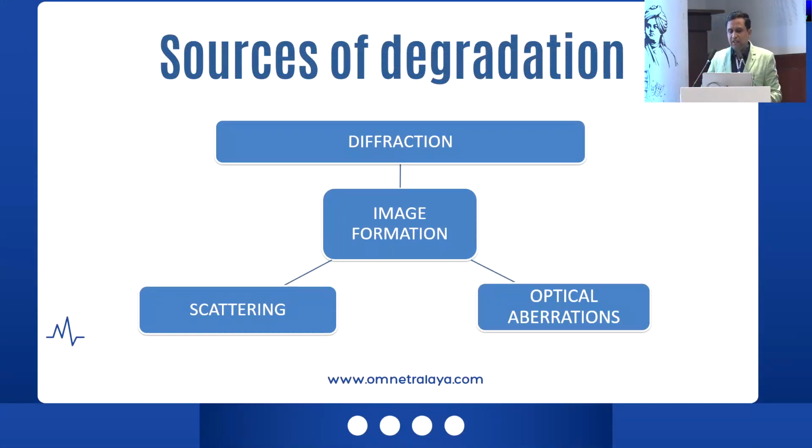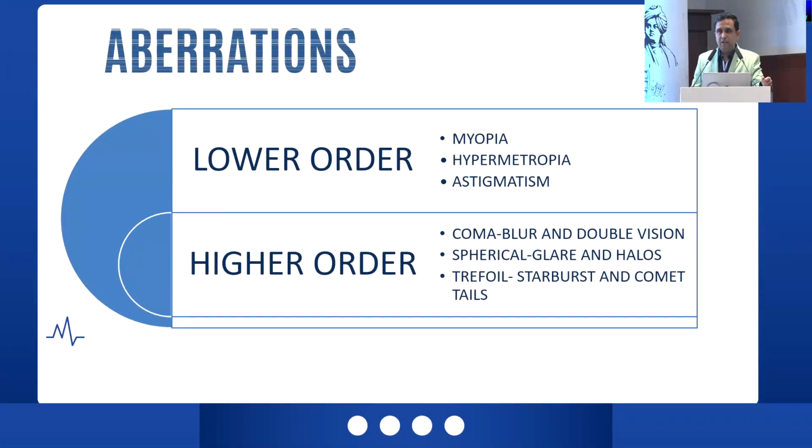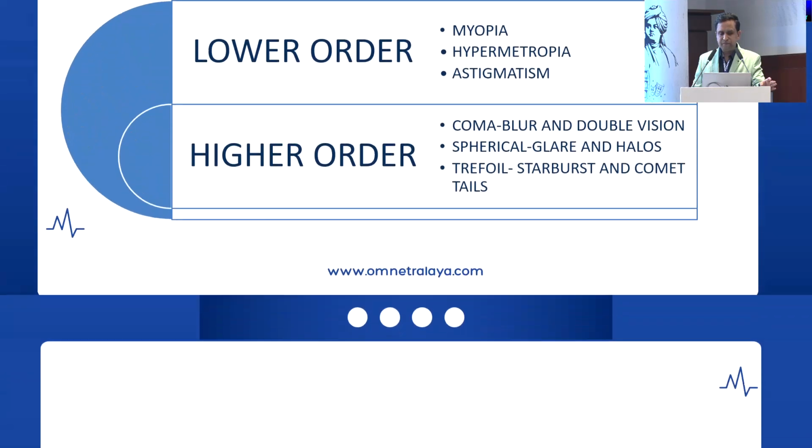So as you all know, image formation is degraded only by scattering, diffraction and optical aberrations. I won't go into the details of the optical aberrations, but let me tell you very frankly that only up to second and third order aberrations could be corrected optically. The rest of the aberrations are taken care of by the brain only.